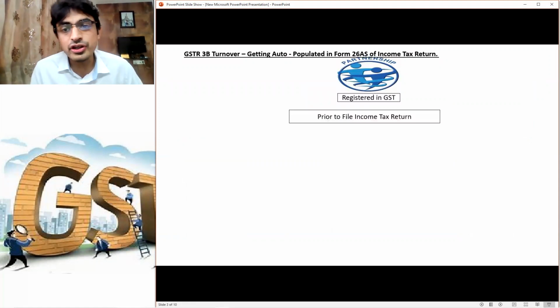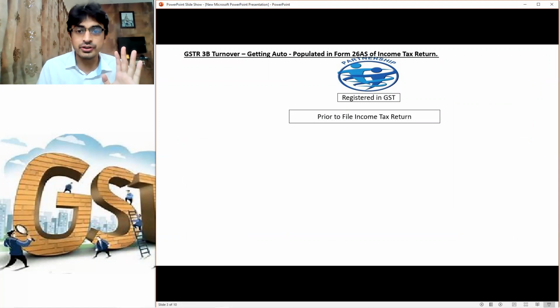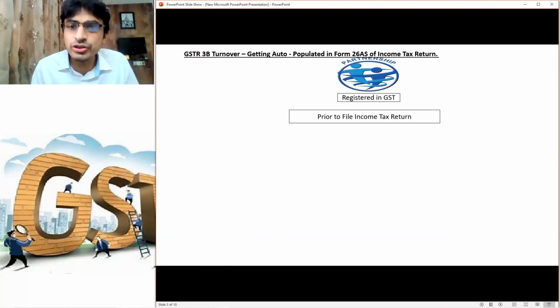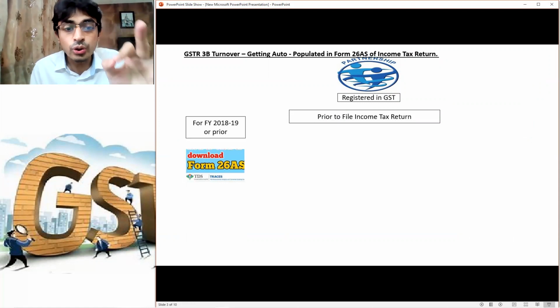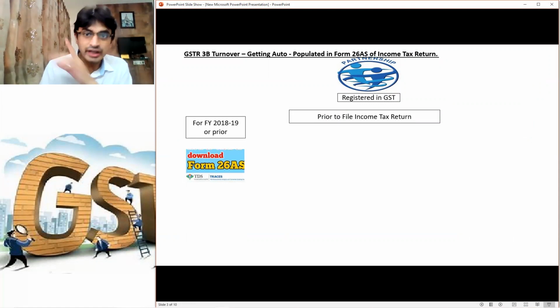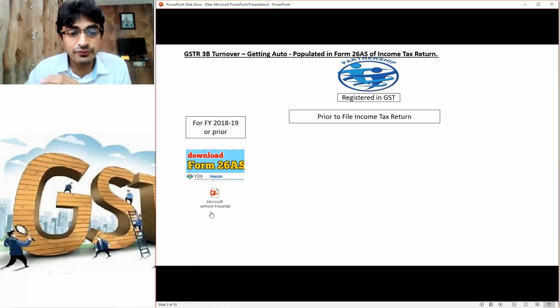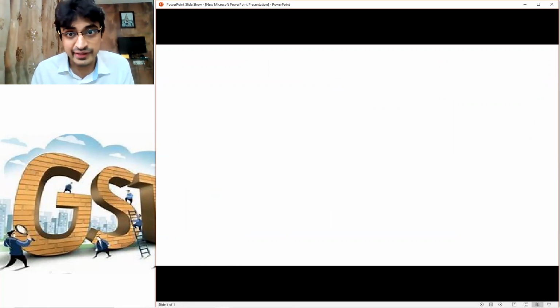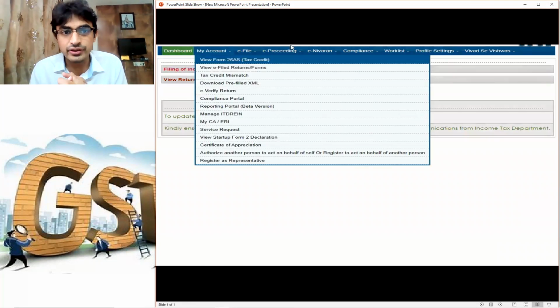But suppose this partnership firm is registered in GST. Prior to filing income tax return, what we used to do? We used to verify one return or form known as 26 AS. Under Income Tax Act, we used to verify this. See this. This is the form 26 AS. We used to verify prior to filing this income tax return.